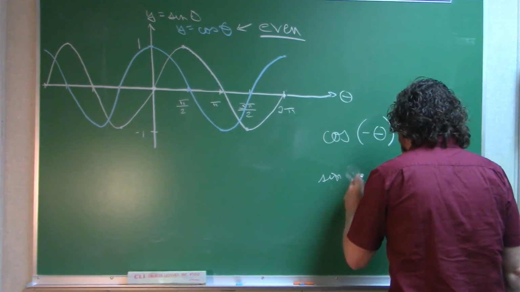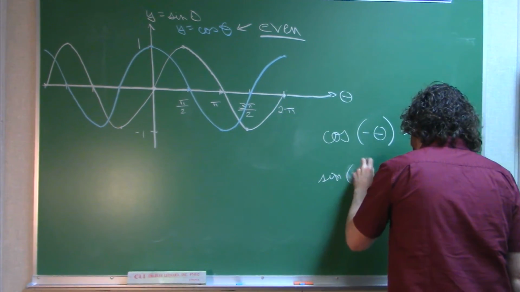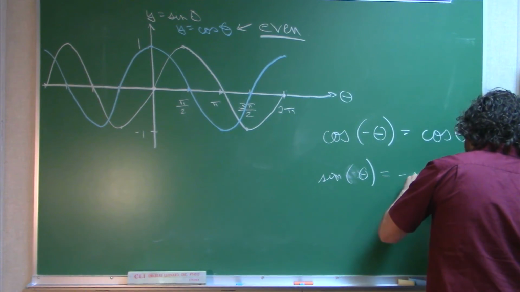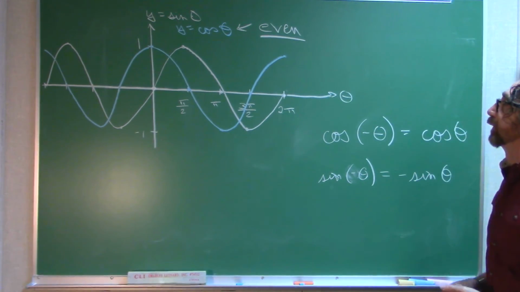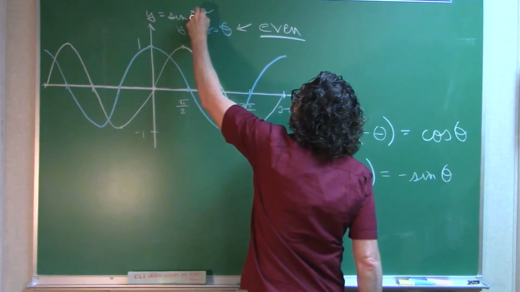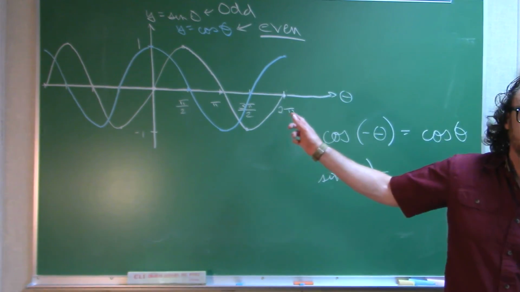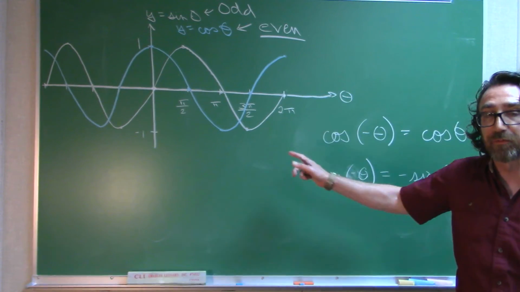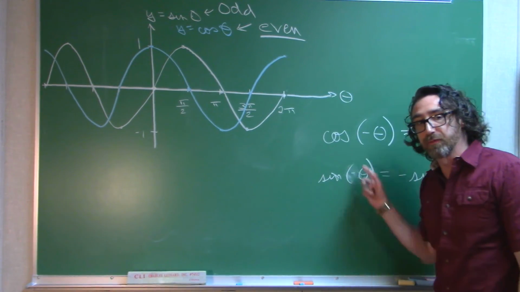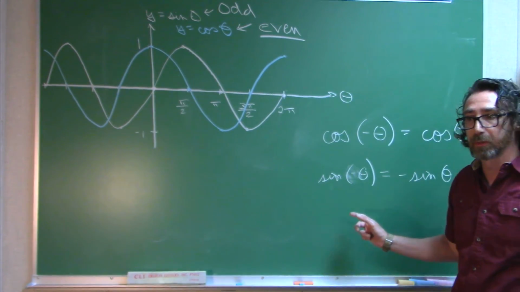So sine negative theta is equal to negative sine theta. So cosine is what we call an even function. Sine, that is what we call an odd function. And this is how it manifests itself mathematically.